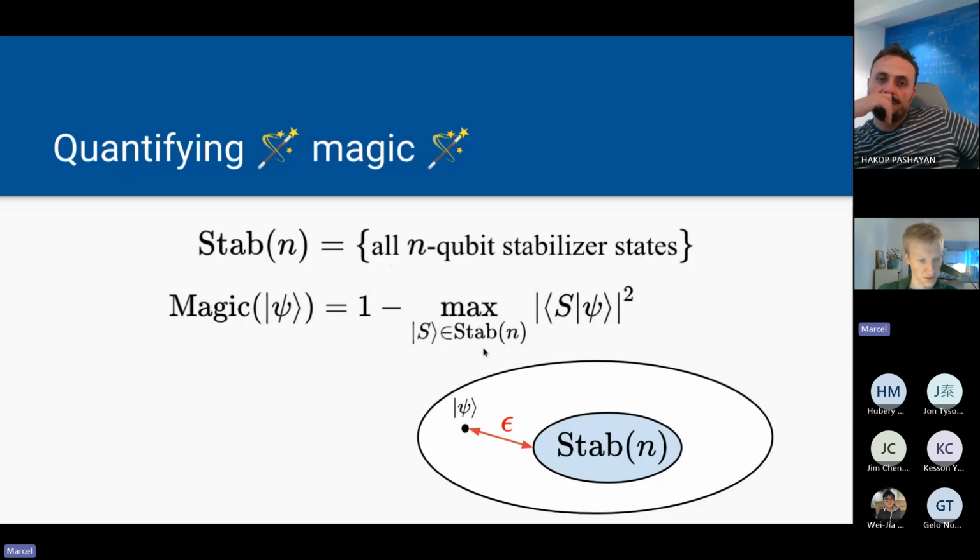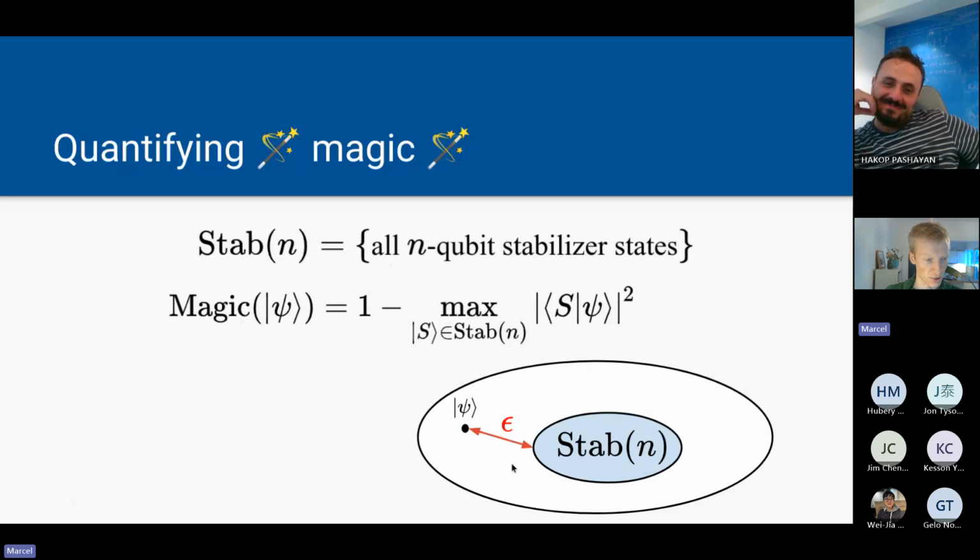For now, I'm just focusing on pure states here because that's easiest, and for simplicity, it's really all that I want to do in the talk. So again, magic for me just means how far it is from the set of stabilizer states. And if you know your stabilizer states a little bit, then you know that this picture is horribly disproportionate to the reality of how the set of stabilizer states actually looks.